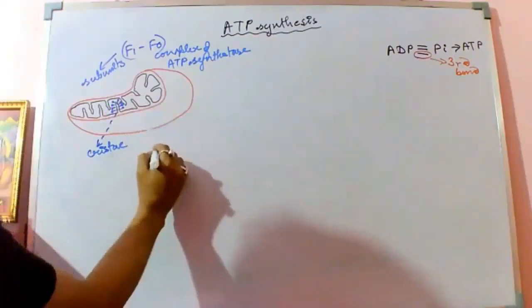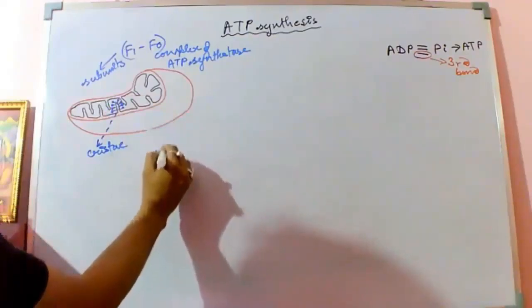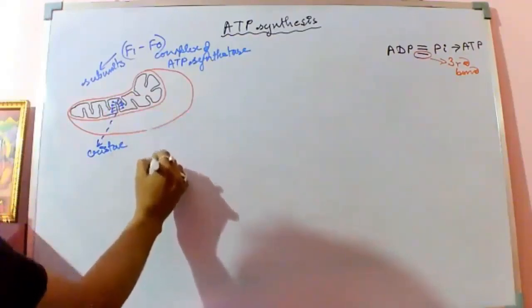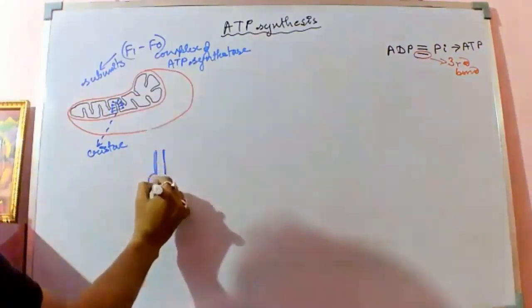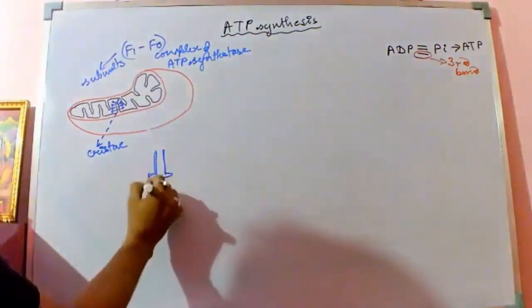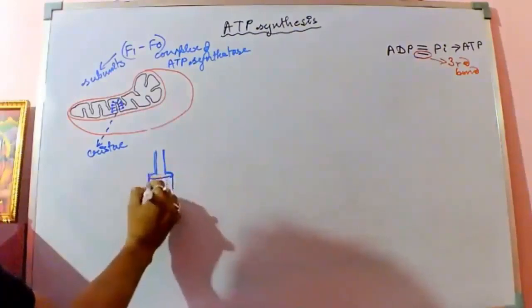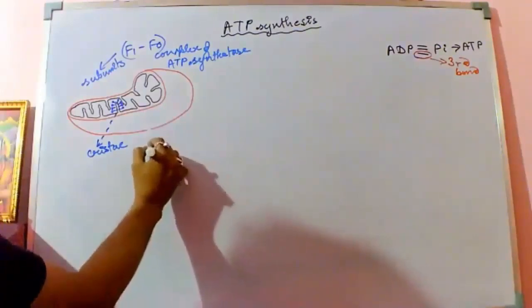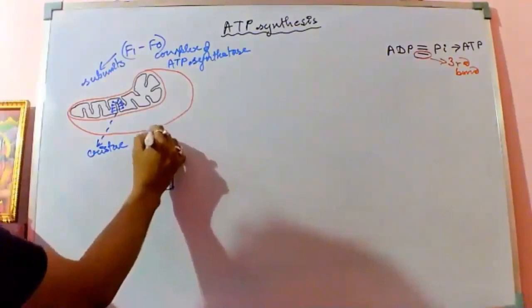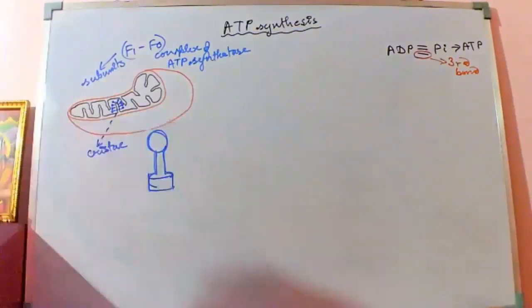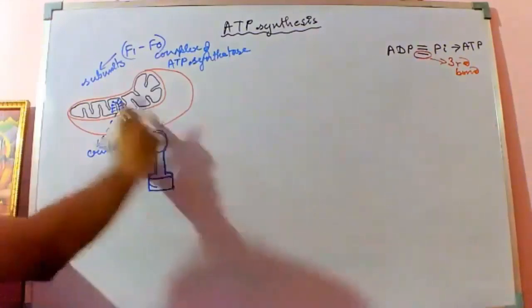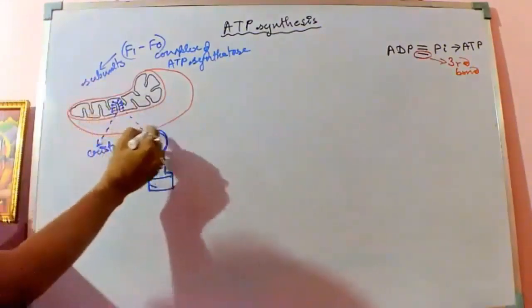This is what a stalk is. This is the F1 F0 complex that I have shown here.